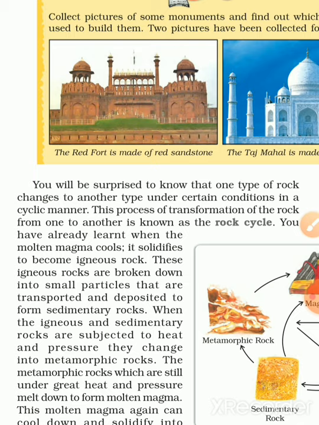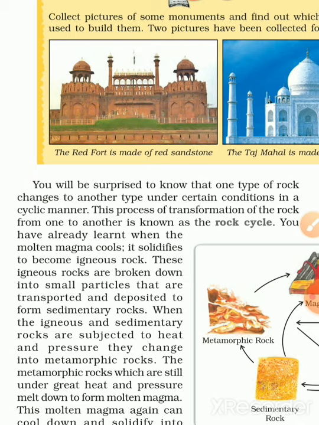So it is under pressure and getting heat from the innermost layer of the earth, and due to that great heat, this metamorphic rock again melts down into molten magma. Then this molten magma can again cool down and solidify into igneous rock.